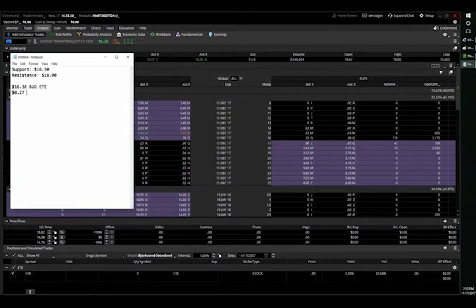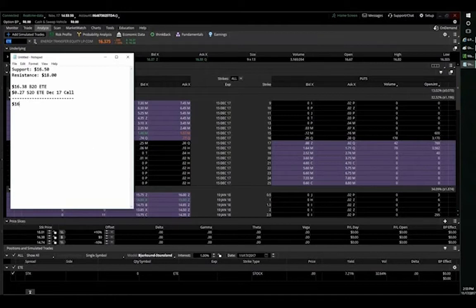Now I know you've got to buy it on every nickel, but we'll put this in here because this is just a math problem for us. ETE, December 17 call. So we bought some stock, we sold a call, and that winds up with a cost basis.